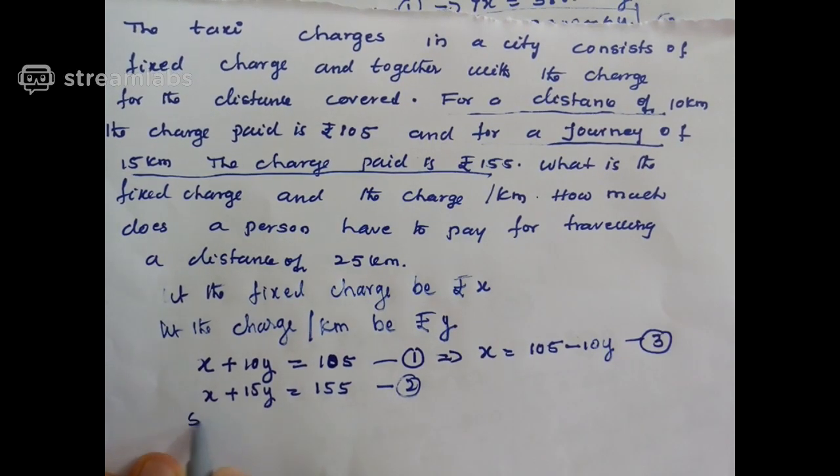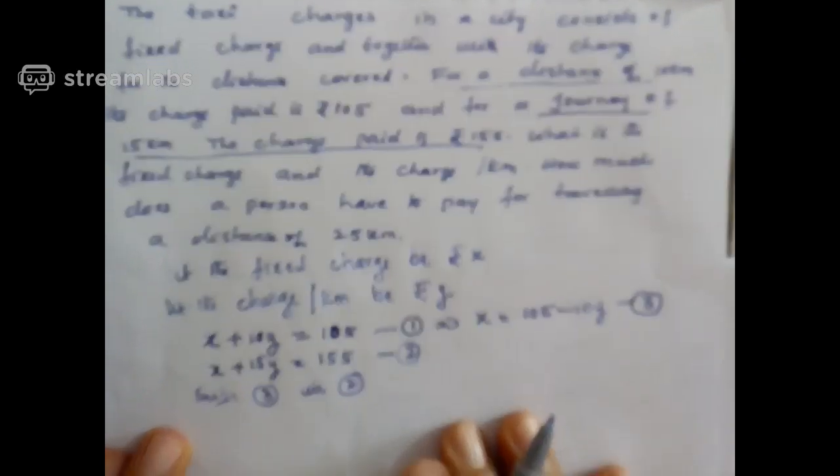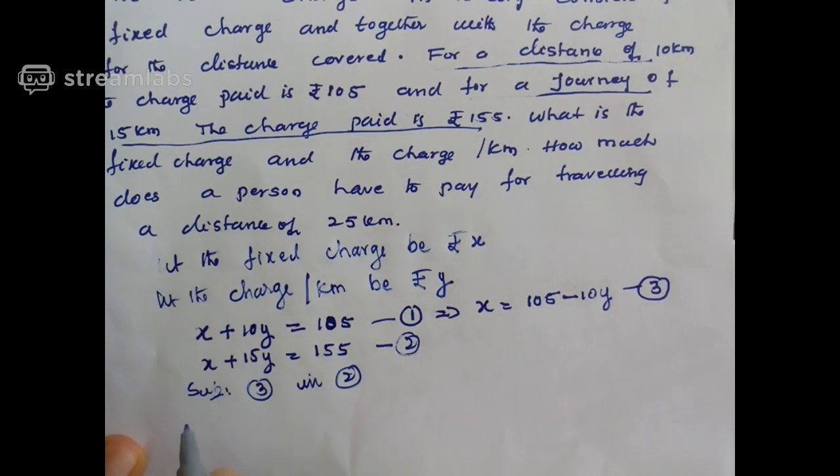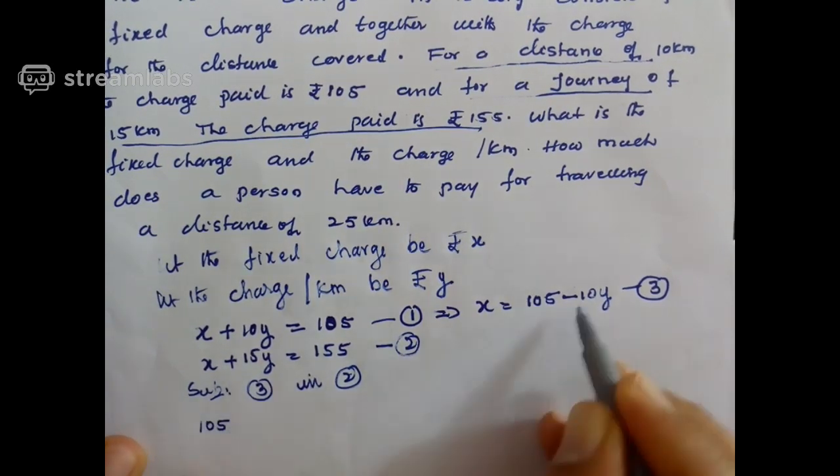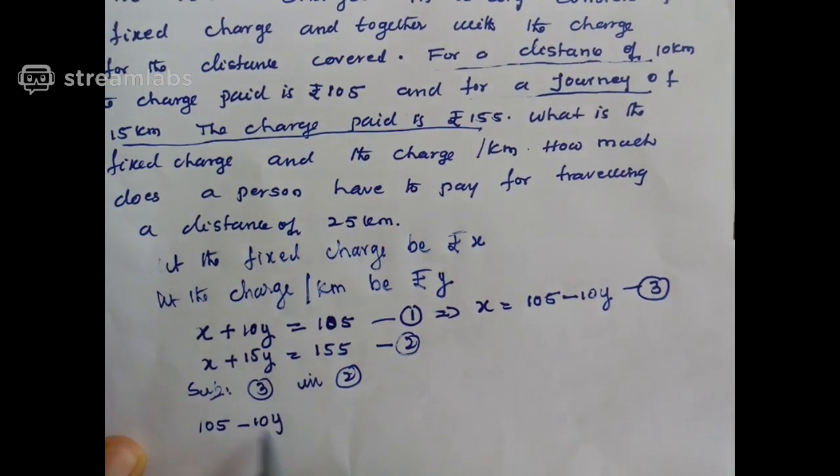Now, what is the next step? Substitute 3 in 2, isn't it? If you substitute 3 in 2, what you'll get? That is 105 minus 10y in place of x, plus 15y is equal to 155. That is 105 minus 10y plus 15y, that is plus 5y, is 155.